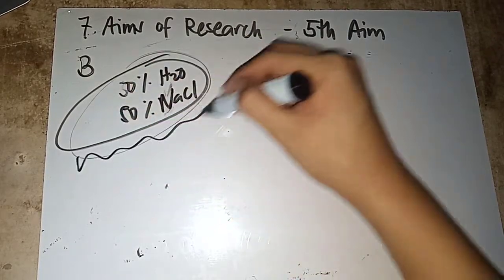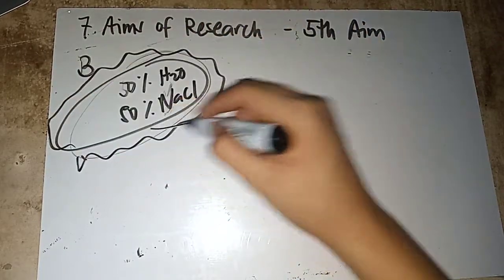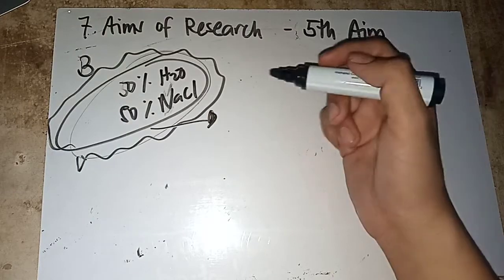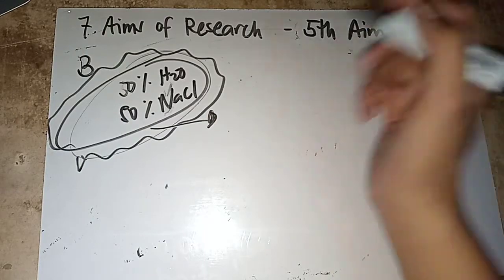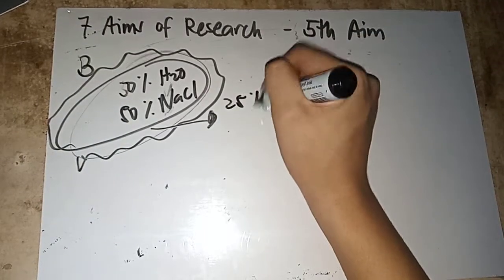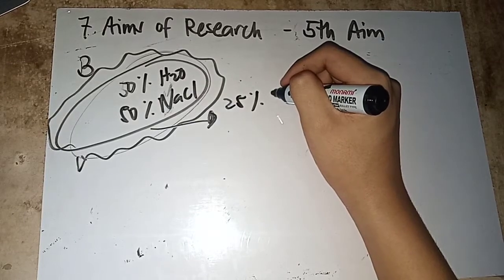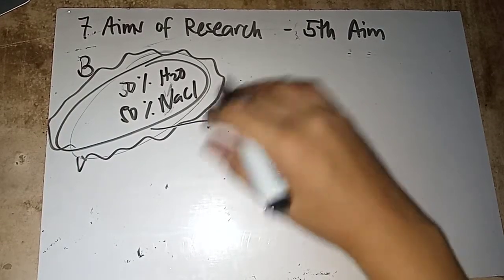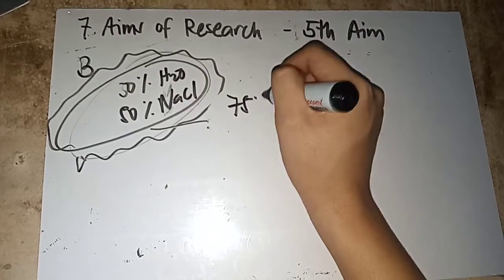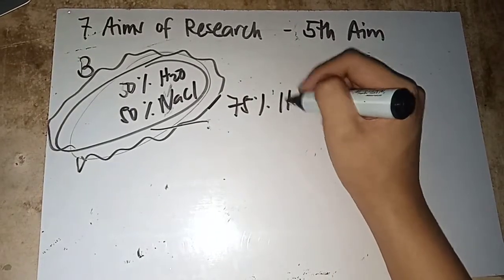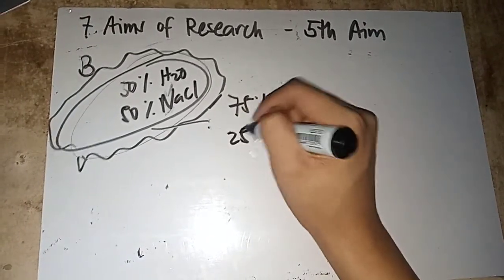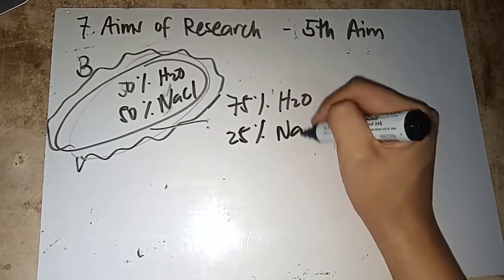Then the aqueous solution outside the cell is now composed of 75% water and 25% salt.